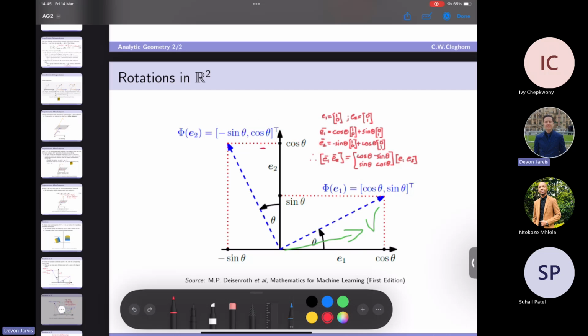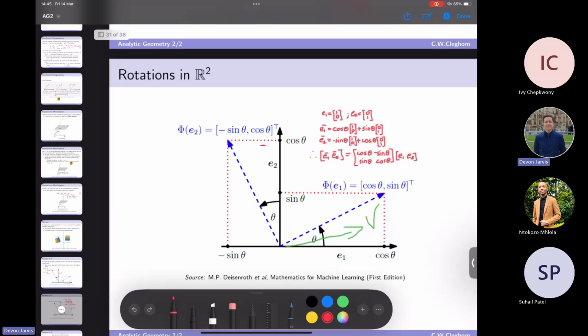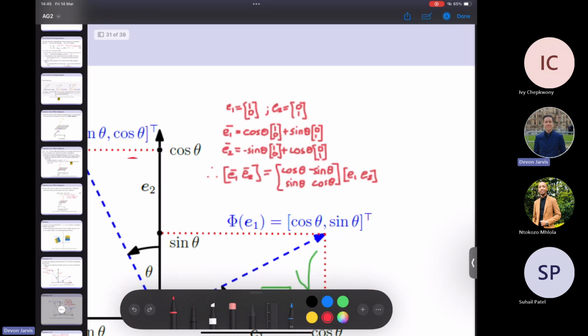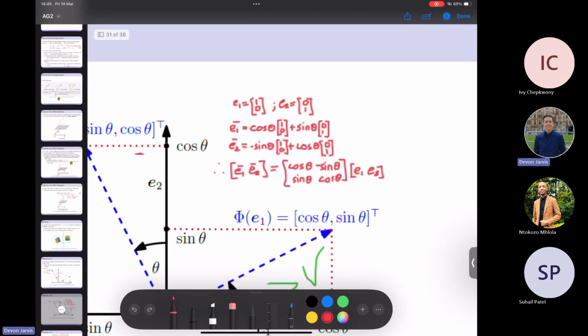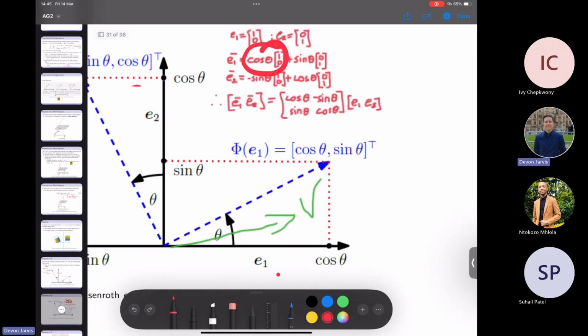Okay, and then you can do the usual change of basis equations where you're writing your new basis in terms of your old basis, as we went through on that OneNote at some point. We start in the canonical basis. We're now rewriting our new basis, which is these blue vectors, in terms of our old basis. Okay, so cos of theta times the first one, sine of theta times the second will give you this vector here.